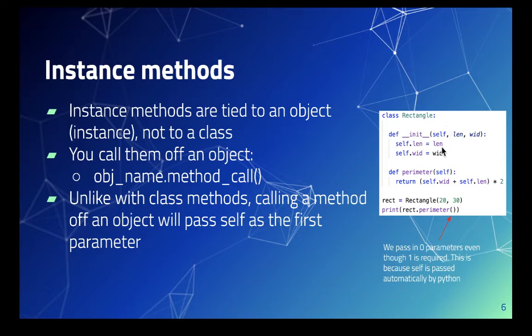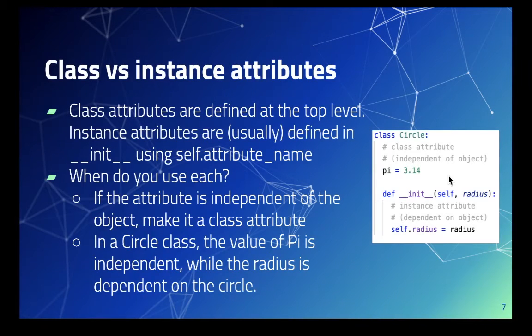However, because it can get confusing if you don't name it the same thing, it's convention in Python to call it self. So just get into the habit of doing that. And notice that even though this perimeter function has a parameter, because it's the implicit parameter, we don't actually pass in anything. We pass in zero parameters because there are zero explicit parameters.